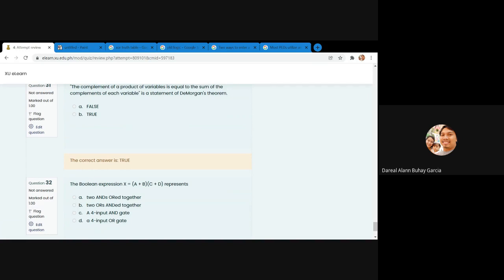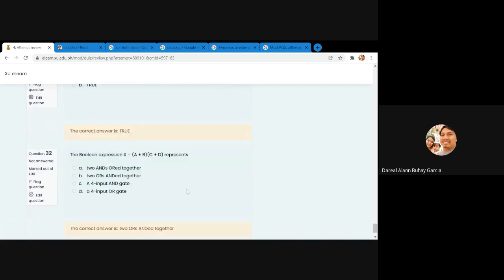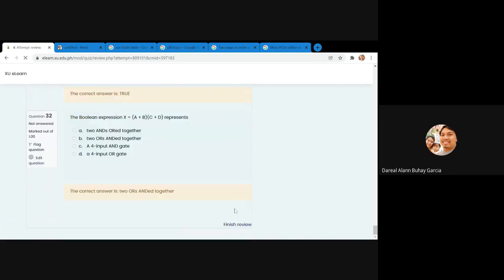For sure, delete na ni C ug D. Okay. Answer ni B. So, two ORs ANDed together. No? Kailahang final operation is AND man. Ang multiplication. So, yeah, the preference is two ORs ANDed together.